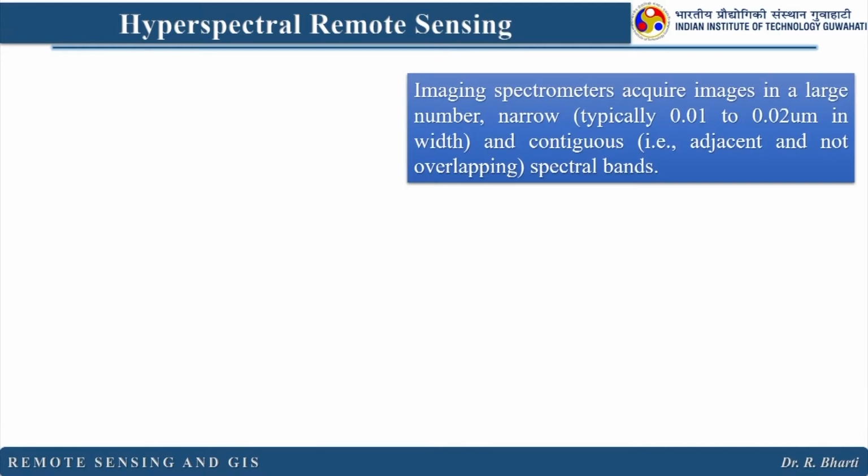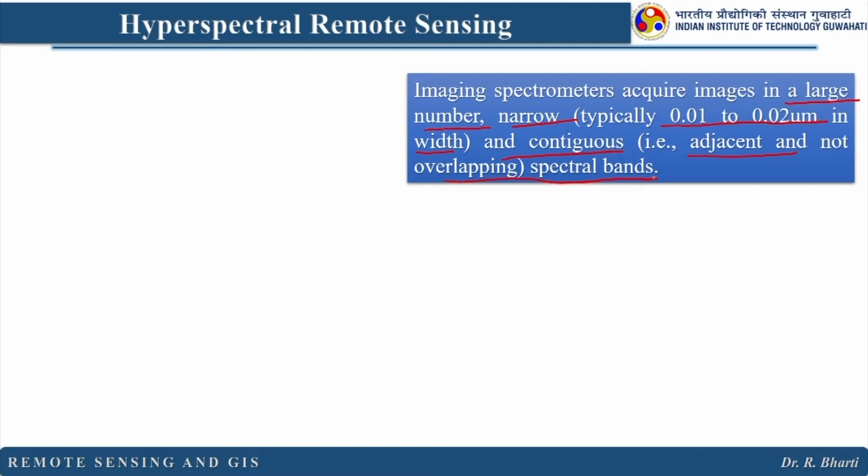Now, in an imaging spectrometer, what facility do we have? We have a large number of bands, on the order of 100. Narrow means typically 0.01 to 0.02 micrometer in width, that is your bandwidth, and contiguous in nature, that is, adjacent and not overlapping spectral bands.